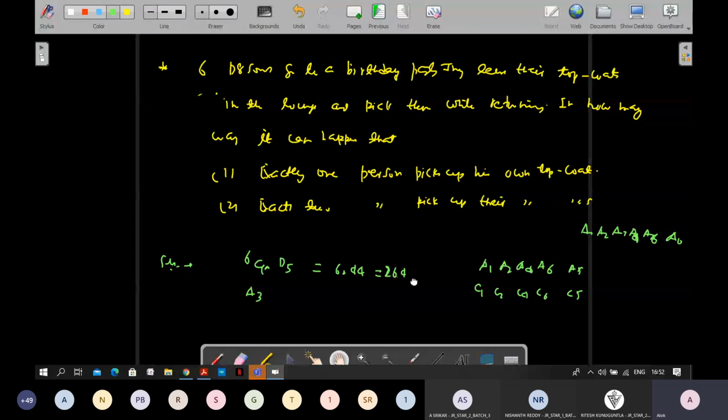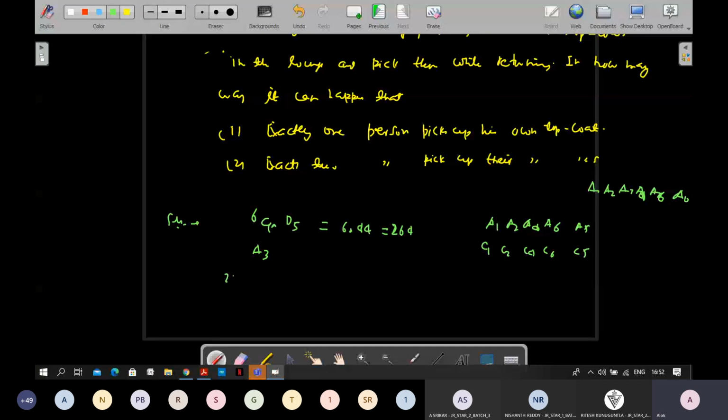Second is easy again. You are saying that exactly 2 persons pick their own top coat. So that is 6 choose 2, because this time it can be A3 and A5 or any such combination. Consider one case, A3 and A5. Then A1, A2, A4, A6 remain, with their coats C1, C2, C4, C6.